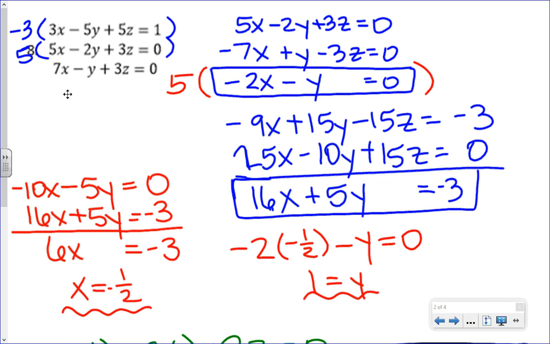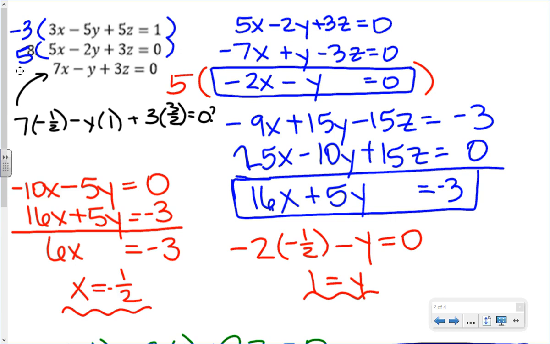Plug it in. All right? If we plug in negative 1/2, 1, 3/2, let's just, for instance, plug it in right here. 7 times negative 1/2 minus 1 times 1 plus 3 times 3/2. Does that equal 0?